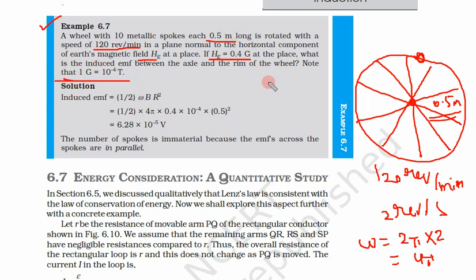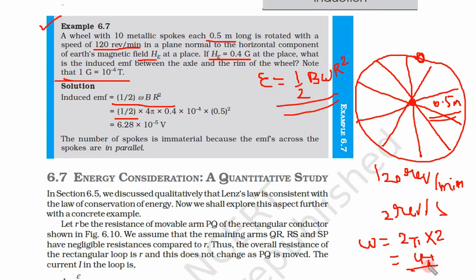In the previous, very similar example, we got epsilon equal to 1 by 2 B omega R square. That was the formula. So half remains the same.